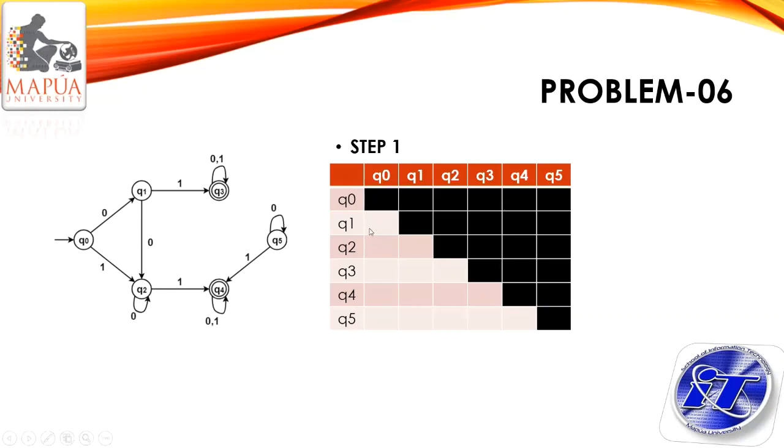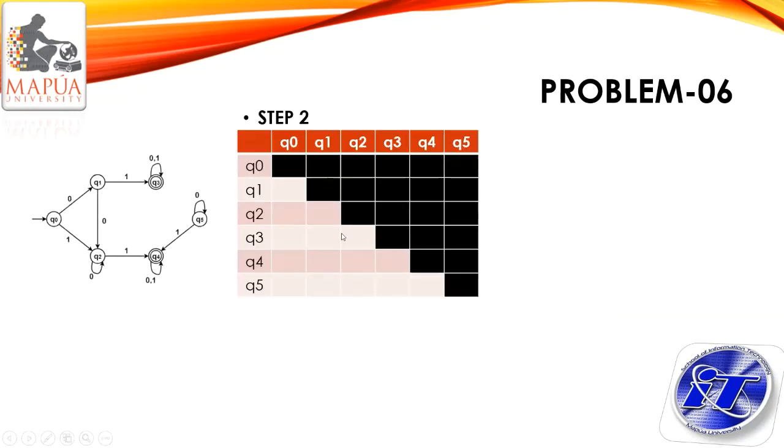So Q0, Q1: non-final and non-final both. Q2, Q0: non-final both. Q2, Q1: non-final. Q3, Q0: final and non-final, so mark it. Q1, Q3: non-final and final, mark. Q2, Q3: non-final and final.